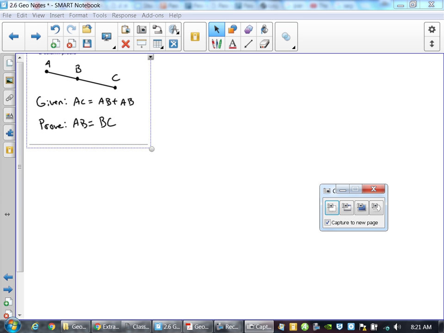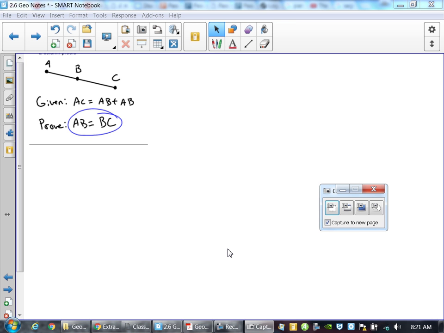I want to draw our diagram and write down your given and your proof. What they're asking you to do is to go through some steps to show this.